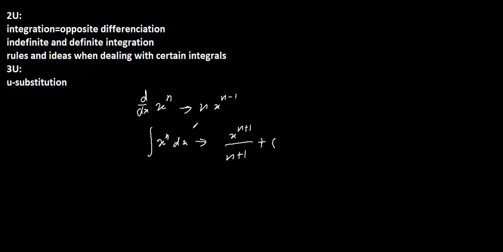The reason we do this is that when I differentiate x squared plus 1, that gives me 2x. If I do x squared plus 5, I get 2x again. So if I integrate 2x to get back, I don't know which constant I'm dealing with.